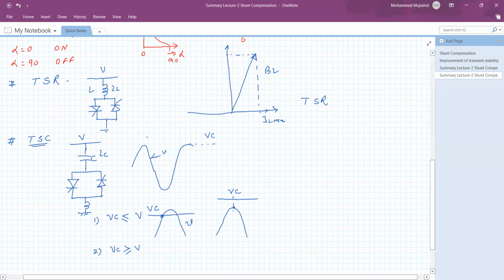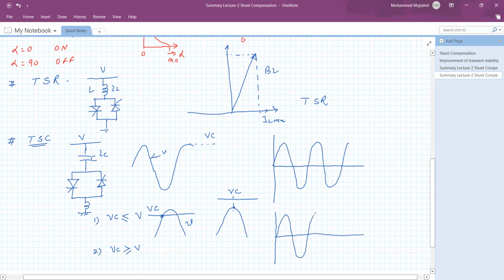It means that when the capacitor voltage is 0 or it is partially charged, definitely it will give a transient. This is the system voltage. We will take two examples to understand the switching surge, or switching transient, of the capacitor.